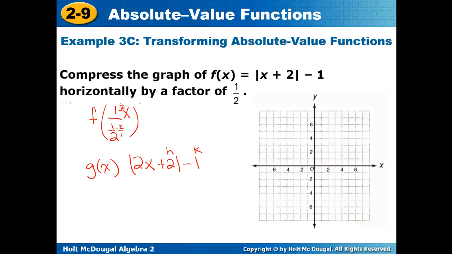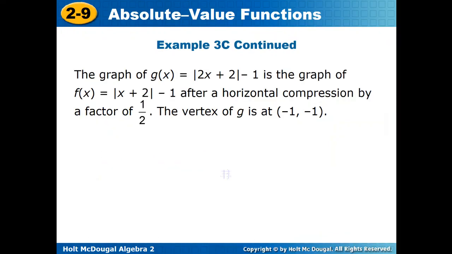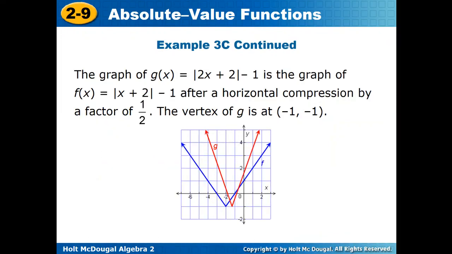Let's see, so we're going to go over 2, down 1. I think I did that right. Let's just click on that and see. Oops, I went the wrong direction, but now you can see where it should be. Okay, so here is the graph of g of x, absolute value of 2x plus 2 minus 1, and then the compression after that.